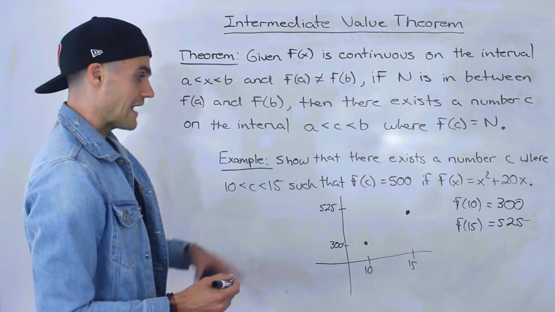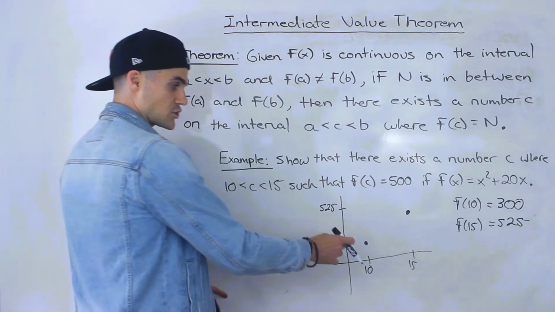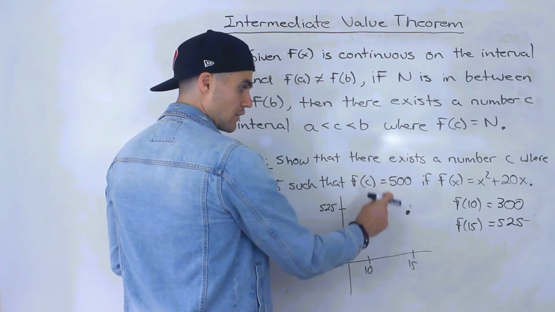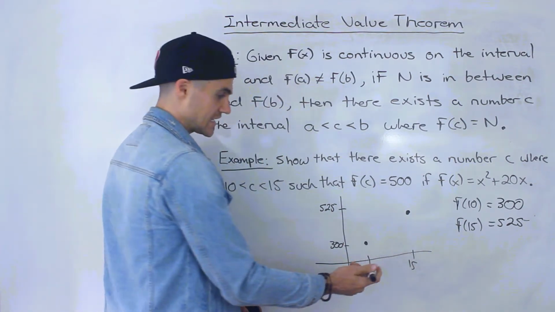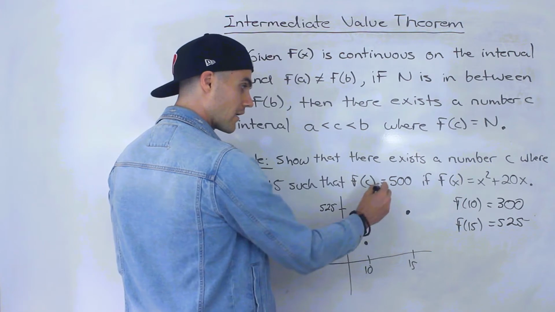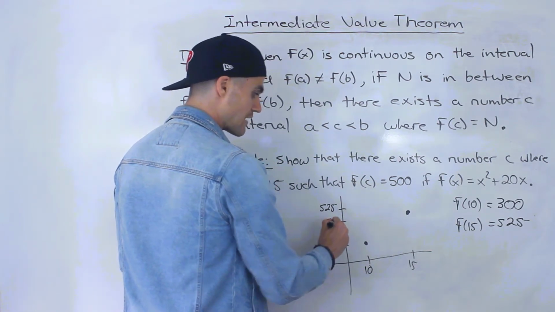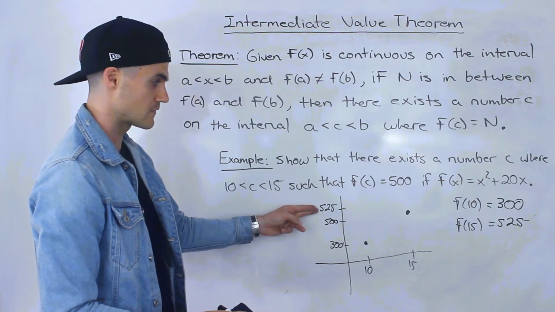And so by the intermediate value theorem, because this function is continuous between these 2 points, there has to be a number c in between 10 and 15 where this function is going to equal 500, because notice that 500 is between 300 and 525.